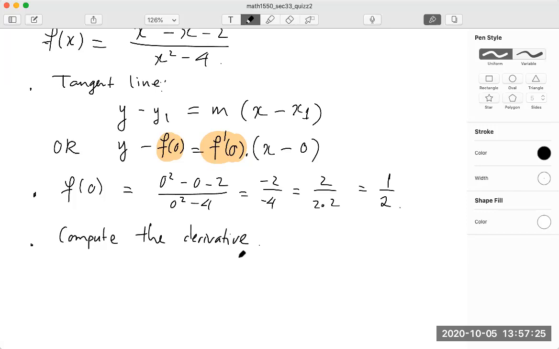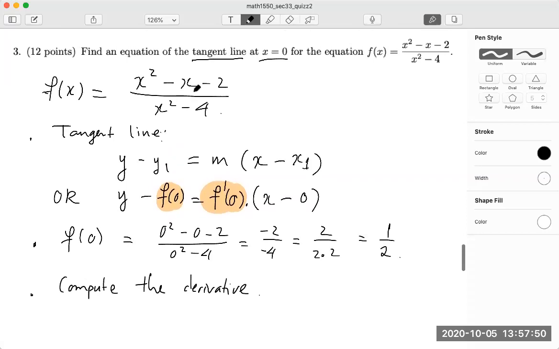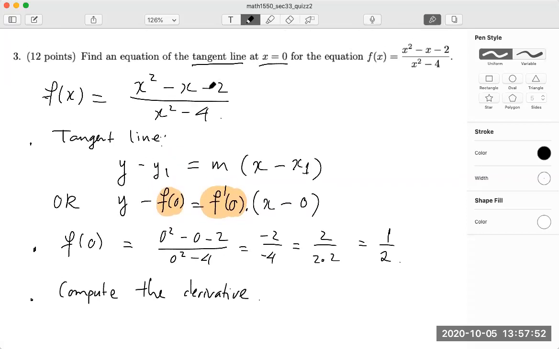So in order to compute the derivative, we can use the definition: the limit of f of x plus h minus f of x, divided by h, when h approaches 0. That is the definition. But now we have studied the formula, so we can apply it, right? Now we need to compute the derivative of this function. But you see, this is a quotient. We can apply the quotient rule immediately, but if we can simplify it, it is even better. It saves a lot of work, right?